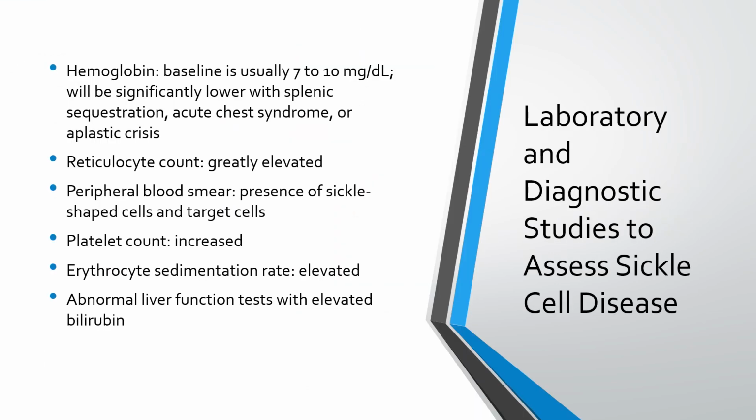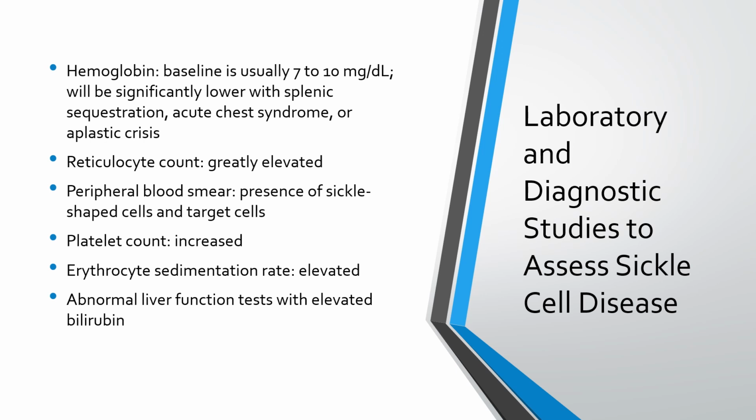Hemoglobin, labs and diagnostic studies that we're going to think about to assess for sickle cell. Hemoglobin electrophoresis is really the only accurate test to help us test for hemoglobin SS and to diagnose sickle cell. There are common labs after sickle cell has been diagnosed that we will talk about, like reticulocyte count, that's usually greatly elevated, a peripheral blood smear, which just shows the presence of those sickling cells.